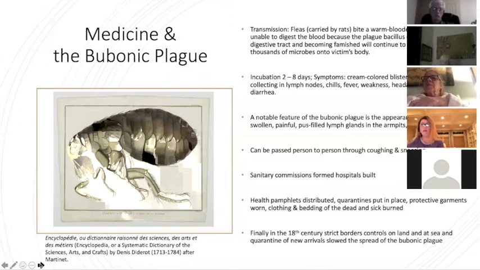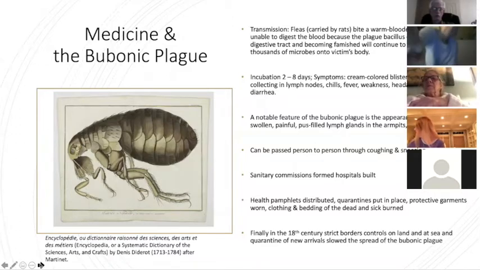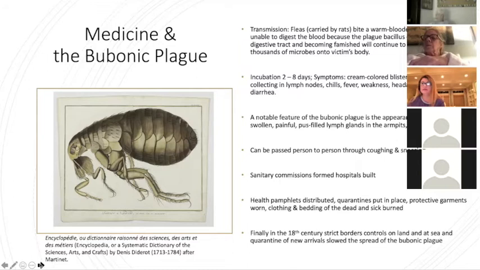Today we know, of course, that transmission was via fleas, and they would bite a warm-blooded animal. The plague would obstruct the flea's digestive tract, and it would think it was still hungry, so in essence the flea was just regurgitating infected microbes onto the individual.